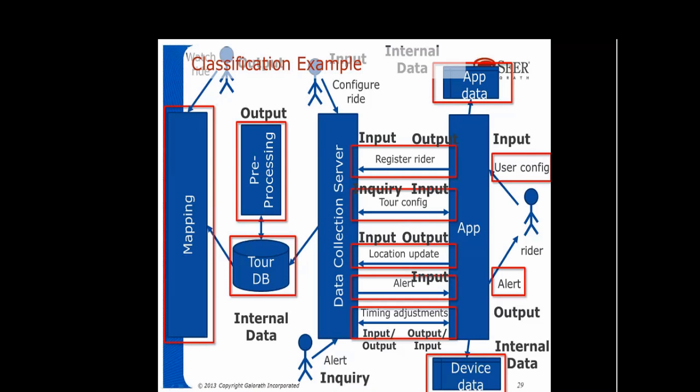That's these arrows. Maybe the analogy only goes so far, but you didn't need to develop the app and the data collection server together. They were developed separately. They communicate with each other. You didn't need to develop the data collection server with the mapping component. They were built separately, and they communicate with each other through a database that they share, actually.